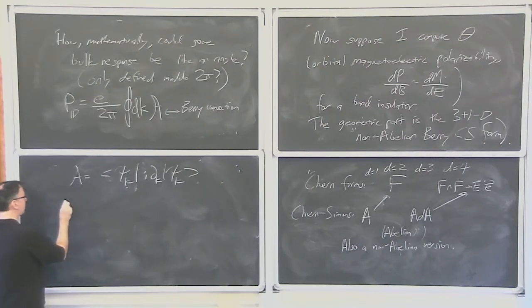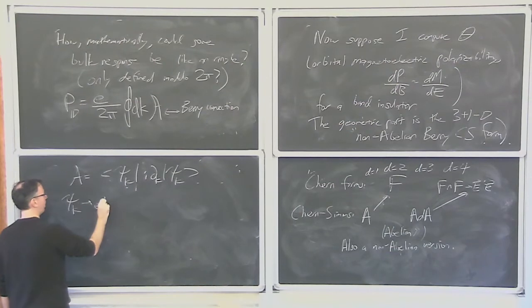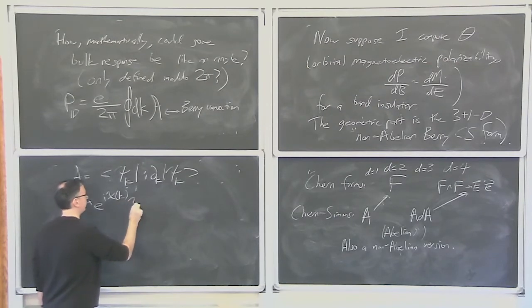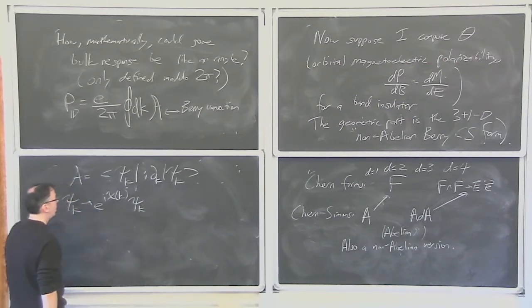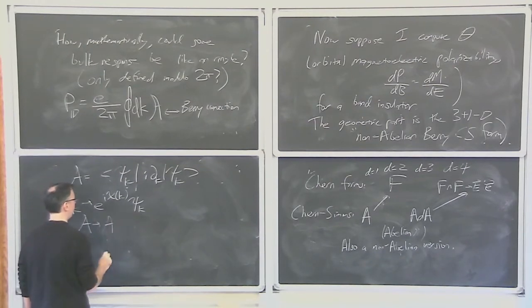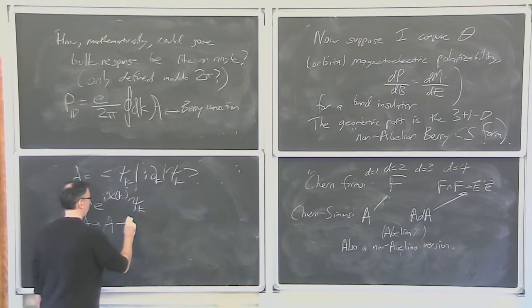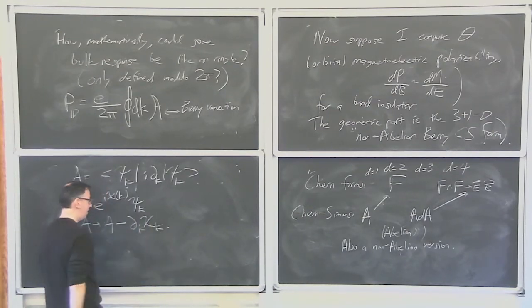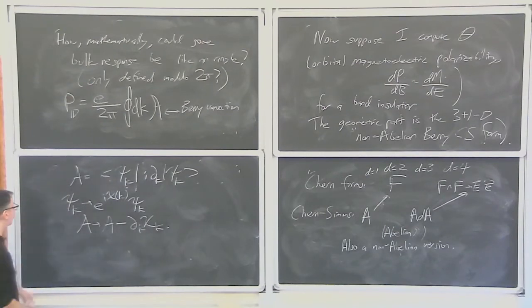Let's make our gauge transformation. Okay, I think I called this U before, but it doesn't matter. All right, then A goes to A minus dk chi_k. So what happens to polarization?